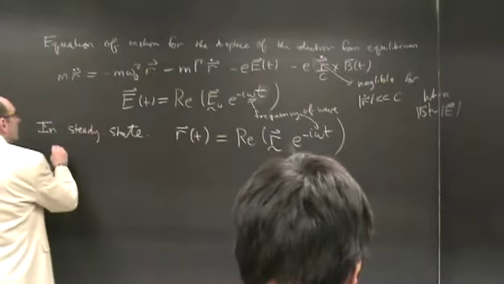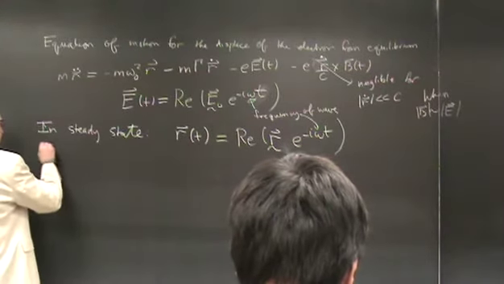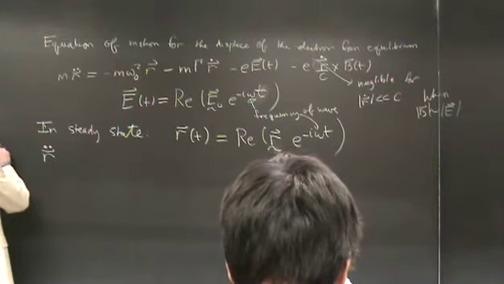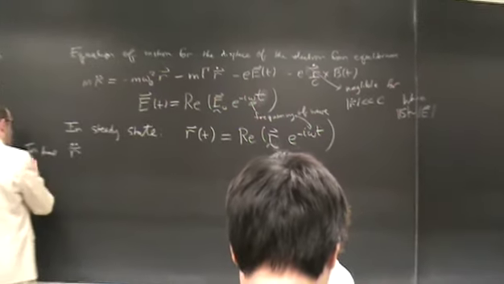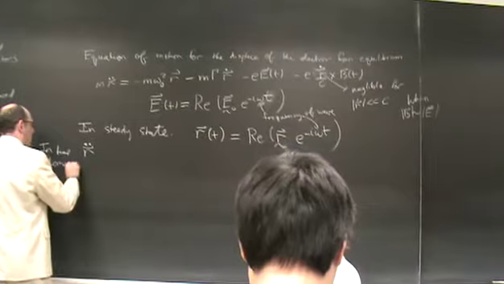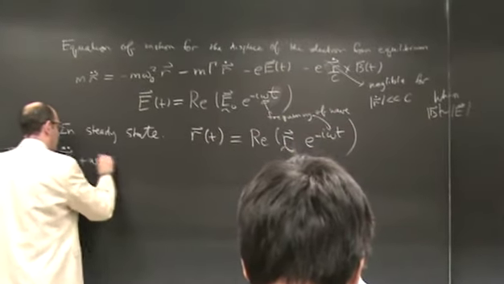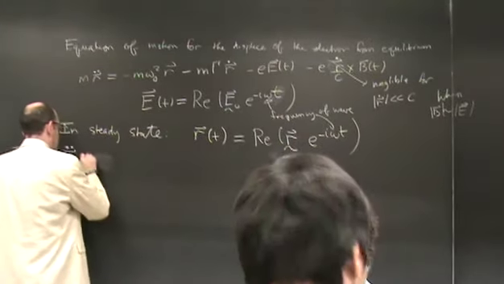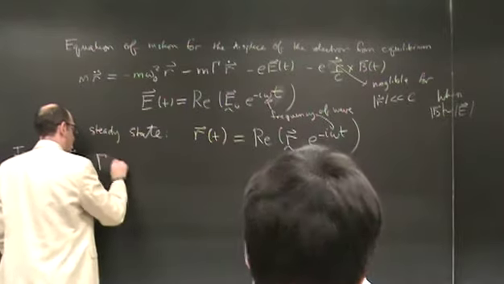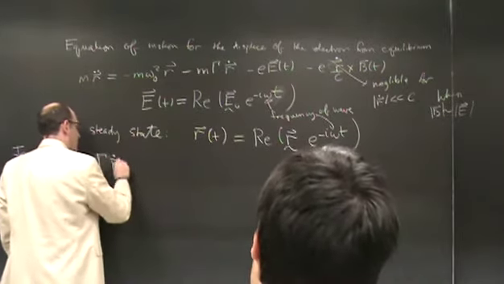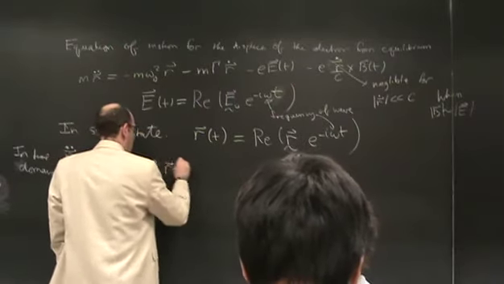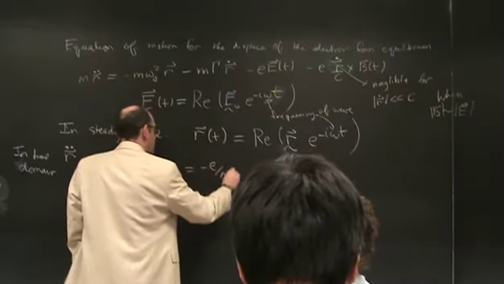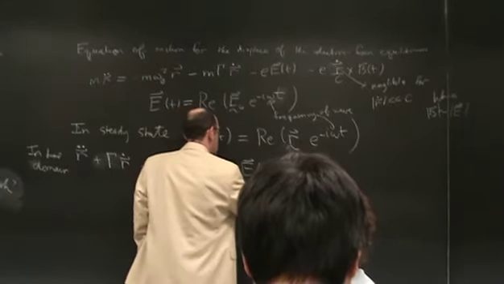And if we have it in the time domain, R double dot plus gamma R dot plus omega 0 squared R is equal to minus e over m E0 times the driving field.